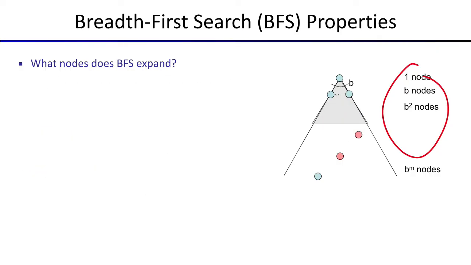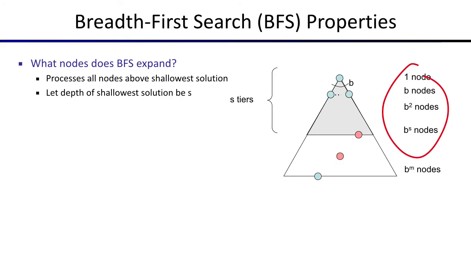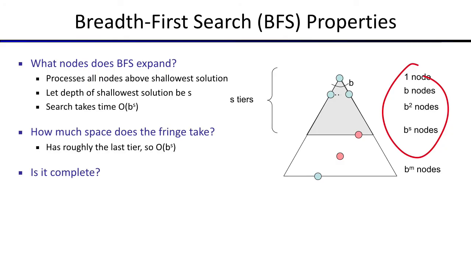Is it complete? Well, in order for s to be defined, if there's a solution at all, it has to be at some finite depth. So we will find it. It is complete. Is it optimal? Okay, so I hear a lot of yeses, and it's a little bit of a tricky answer.